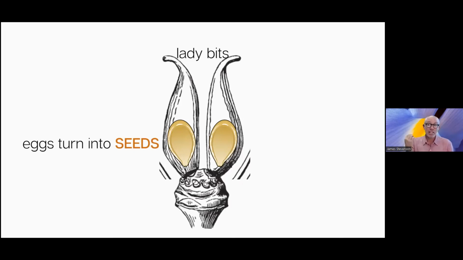And an ovary, like I said, can have one seed, or it can have 25, 30, 50, 100 seeds. Depends on the species. Still the same blueprint. The ovary contains one or more eggs that upon fertilization become seeds.